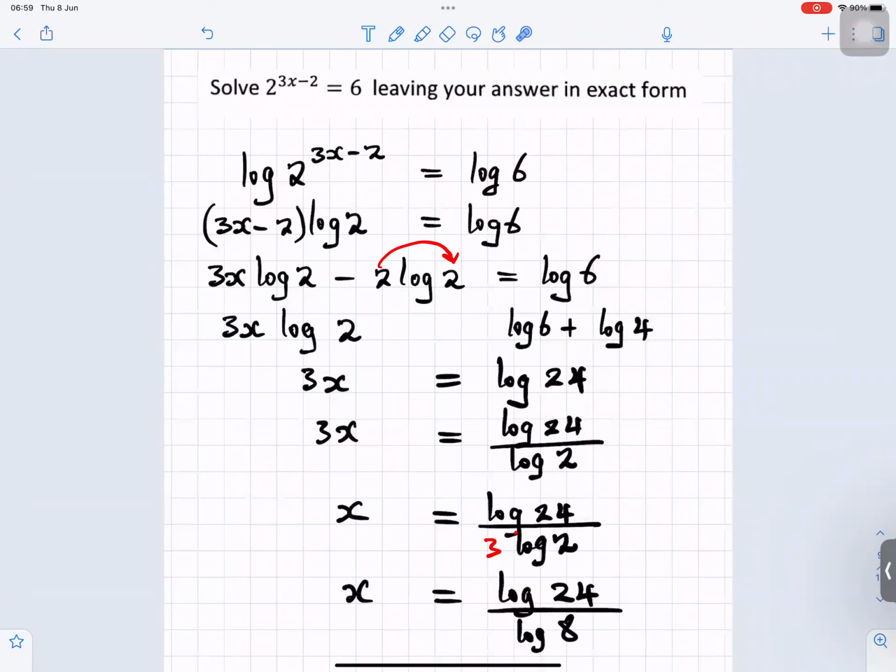Solve 2 to the power 3x minus 2 equals 6, leaving your answer in exact form. Exact form means you do not use decimals. So now 2 to the power 3x minus 2 is a power, so we can bring that to the front.